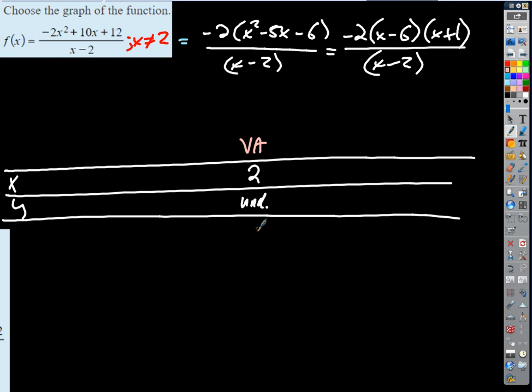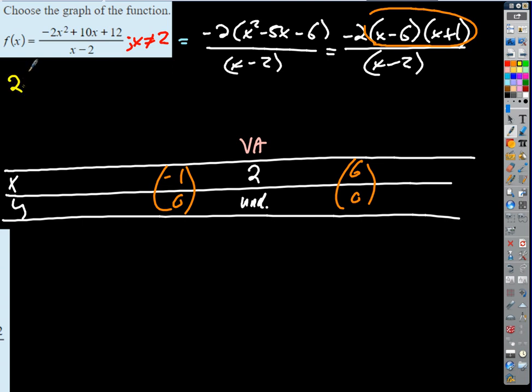Are there any zeros? Where are my zeros? 6 and -1. So I'm gonna get a 0 at 6 and at -1. And there's gonna be a slant asymptote, isn't there? If we divide this out, it's going to be x squared over x.